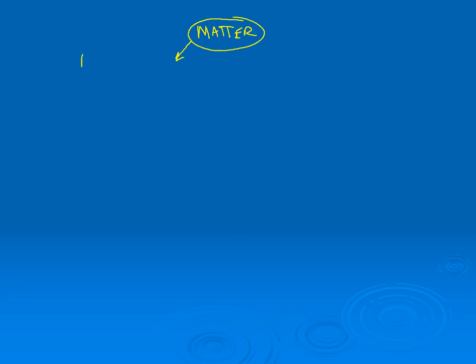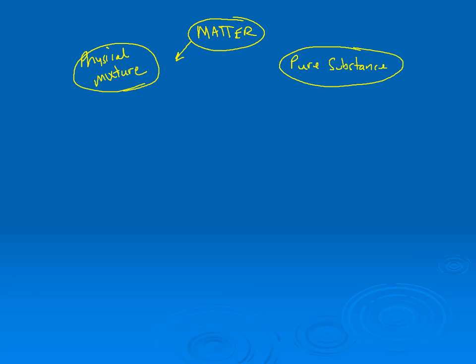It can be classified as a physical mixture, or it can be classified as a pure substance. Physical mixtures over here can be classified two ways: heterogeneous or homogeneous.